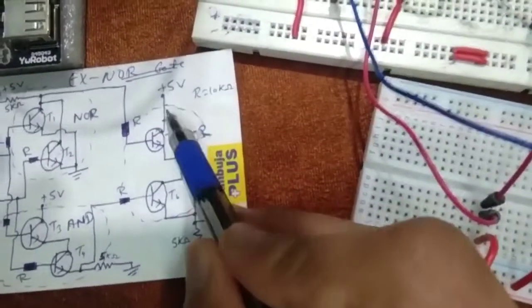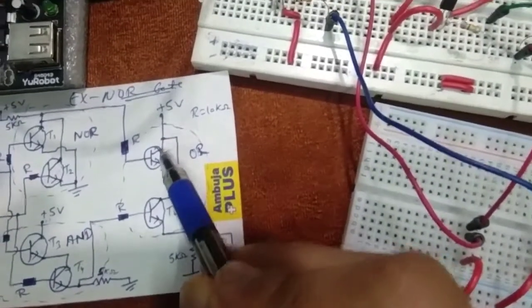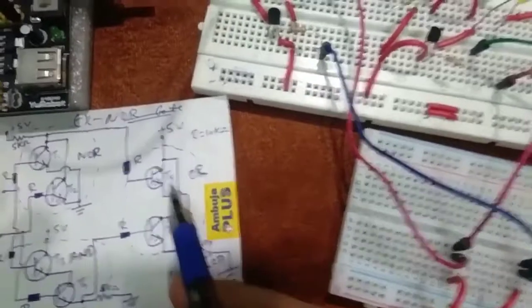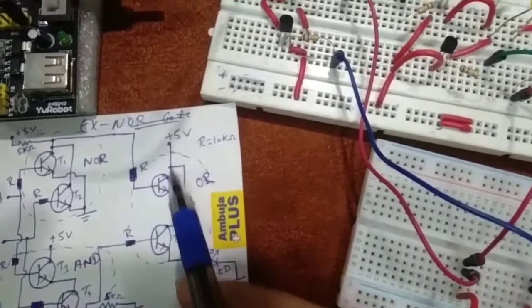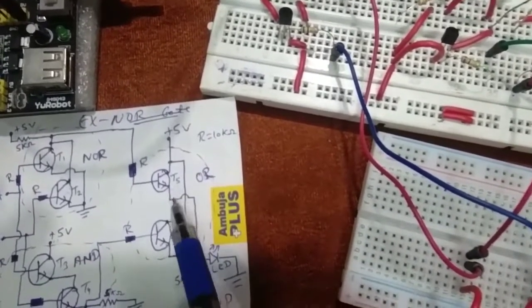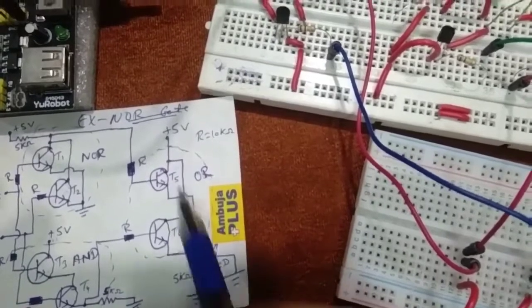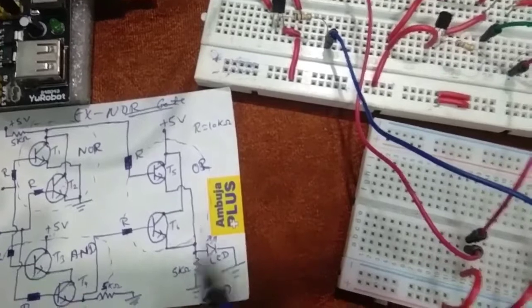So this explains that the collectors of transistor T5 and transistor T6 are receiving input from plus 5 volt here and here, and again the emitter of T5 and emitter of T6 are connected at this point, which is further going to the ground using a 5 kilo ohm resistor.